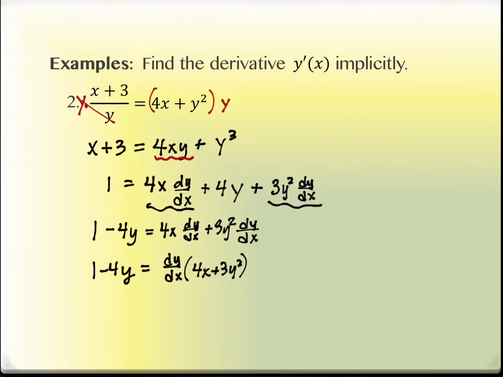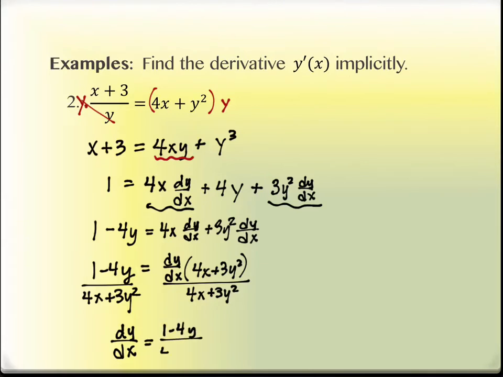And then what will I do to solve for dy/dx? You bet. I'll divide by the 4x plus 3y squared. So dy/dx, from this version, the way I did it, is (1 minus 4y) over (4x plus 3y squared).